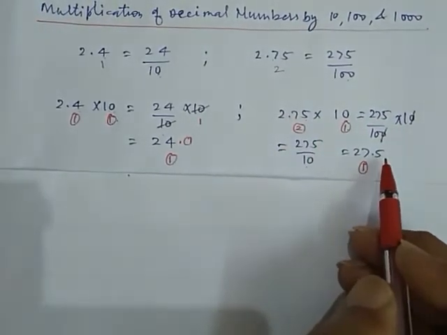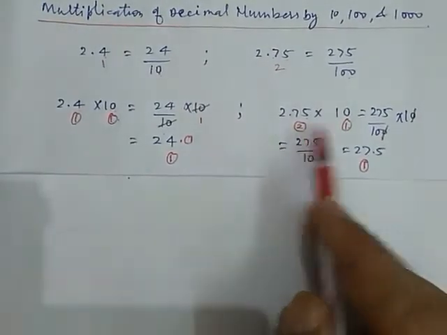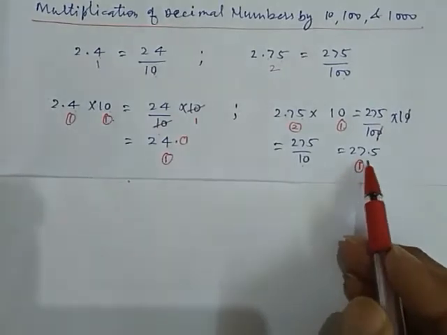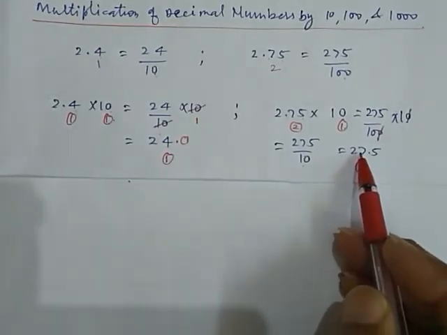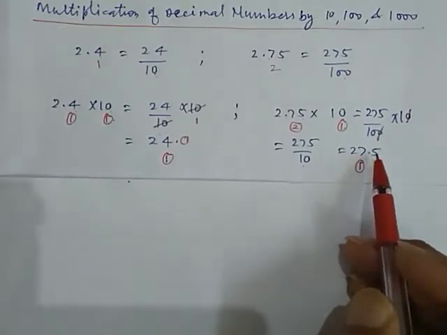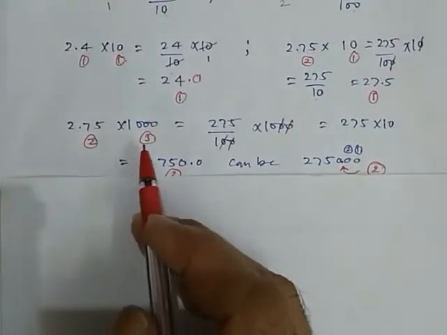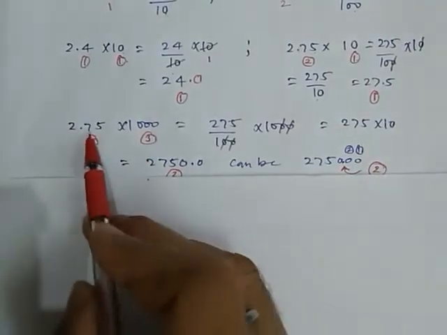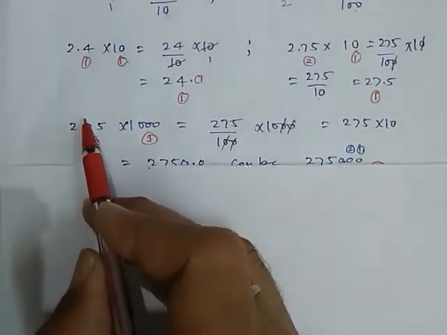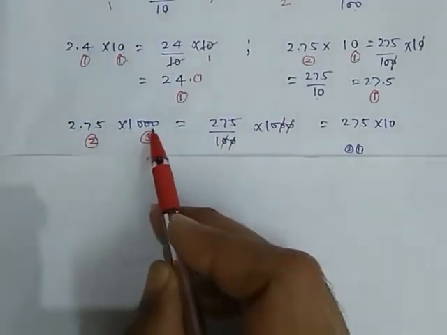If we want to write down any number directly after multiplication, then we directly shift the decimal by 1 place, here to here. Okay, so it can be clearly understood.